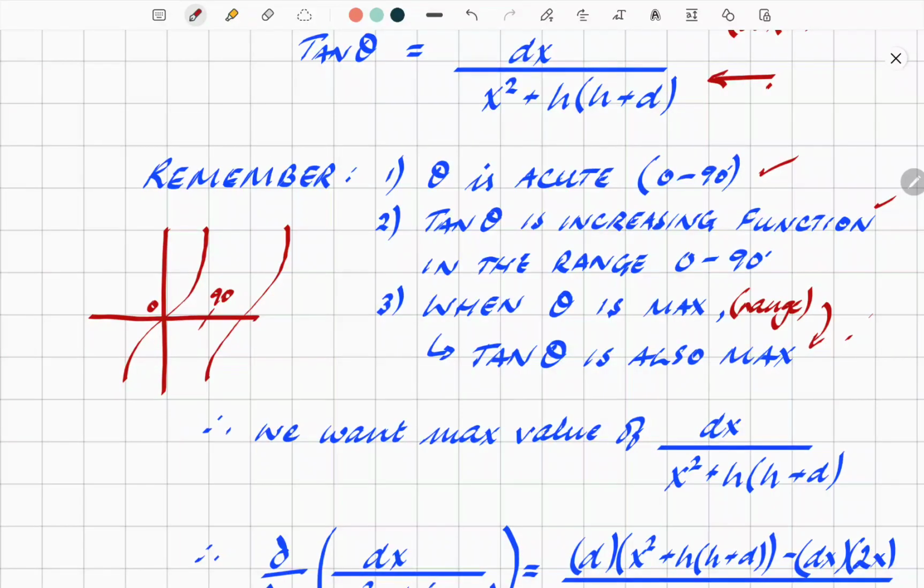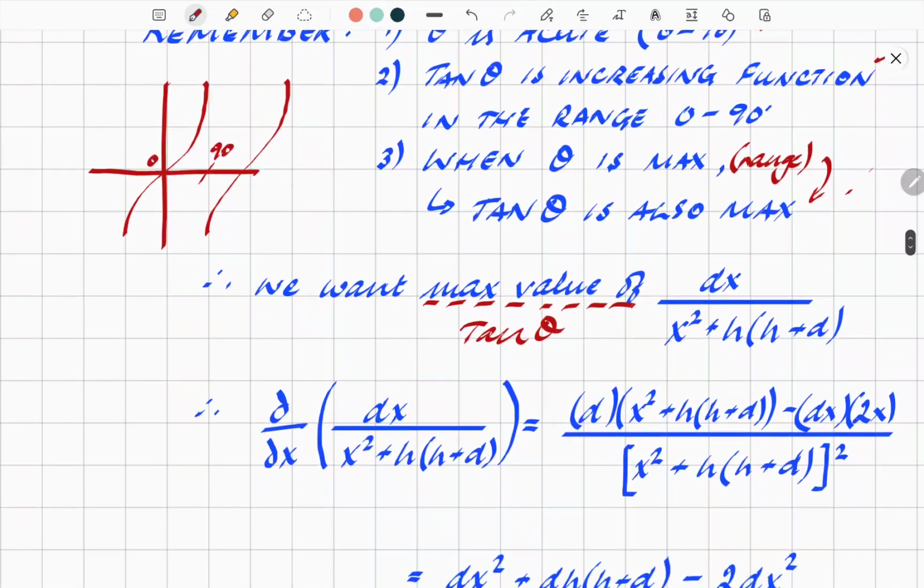So what we want to do is to maximize the value. We want the maximum value of tan theta. So dx over x squared plus h times (h plus d) has to be maximum for tan theta to be maximum.